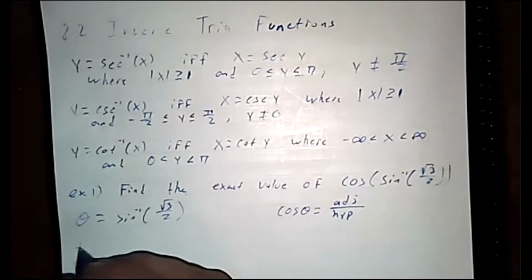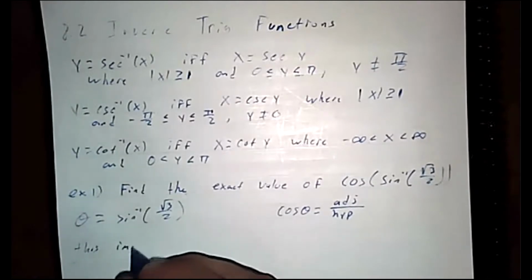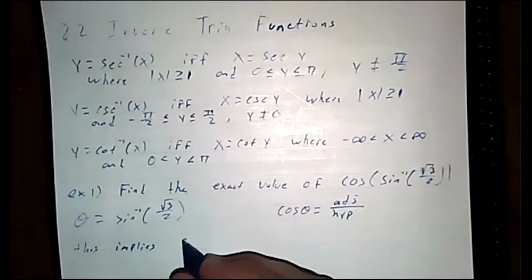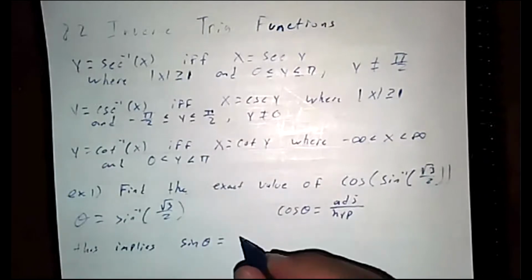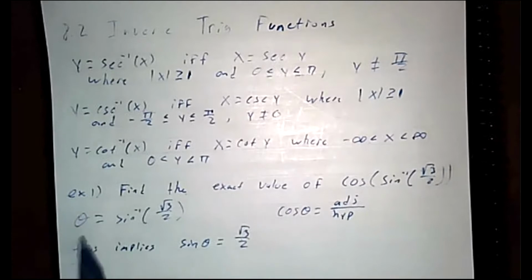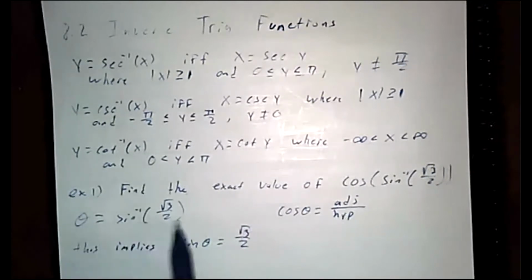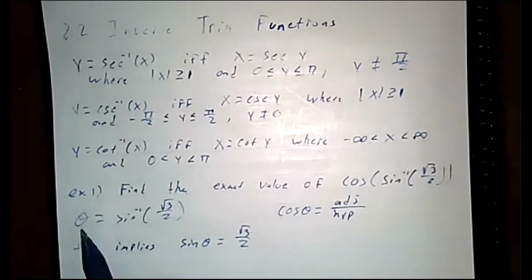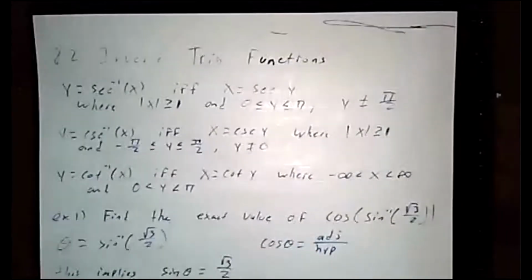So this implies that there exists an angle that would give you square root 3 over 2, right? Using the definition. Remember how we said if theta is equal to sine inverse of some value, then that value would be equal to sine of theta. So that was at the beginning of 8.1 over here. Let me give you the book.